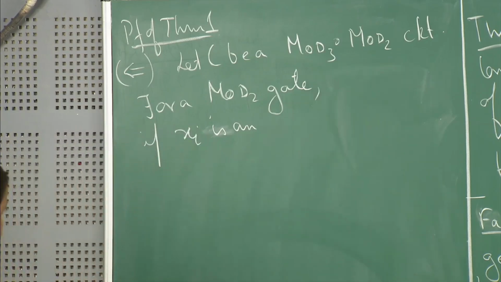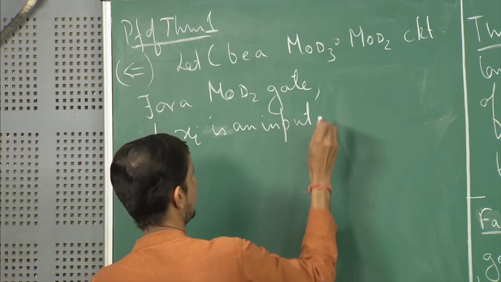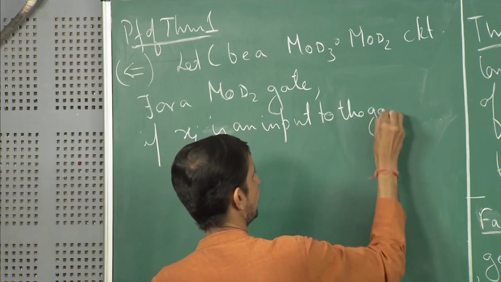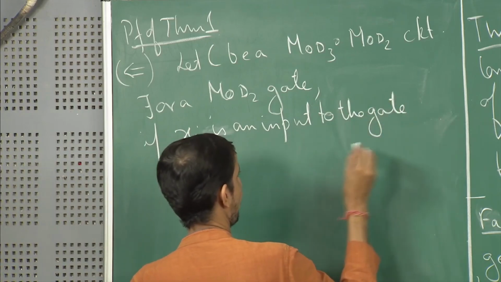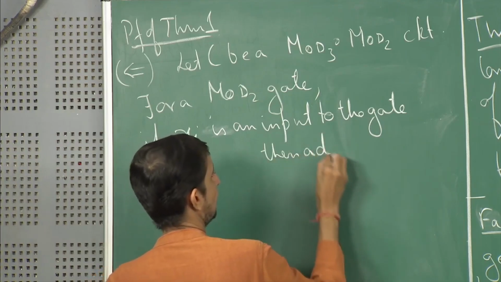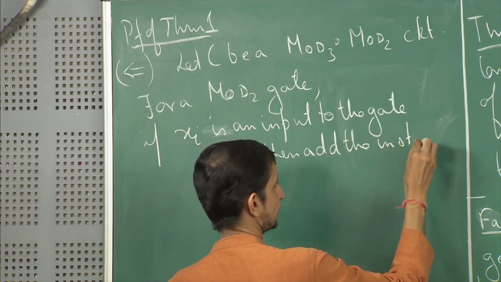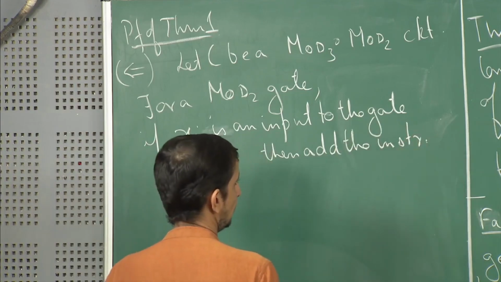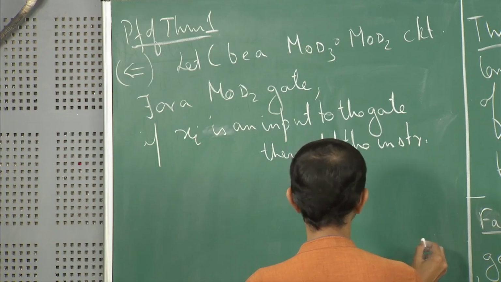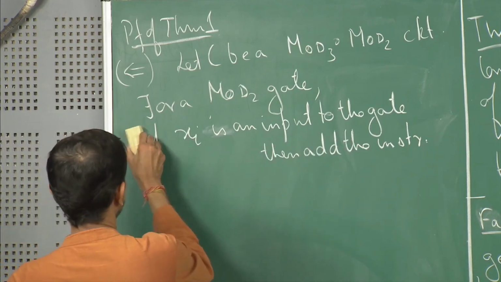So, for a mod 2 gate, if Xi is an input to the gate, then add the instruction, okay, let me do it slightly differently.